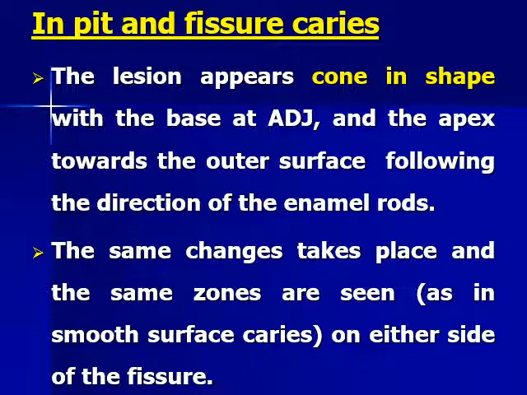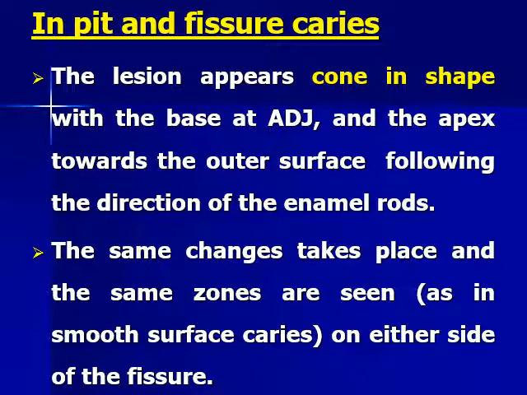The apex is outside, it's the opposite, and the base is towards the amelodentinal junction. But to tell you that because it follows the enamel rods, the acid follows and the destruction follows the enamel rods.